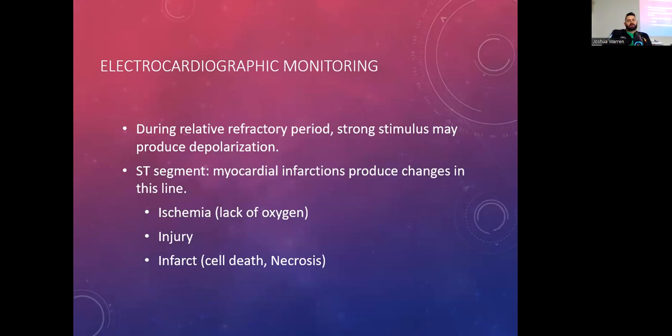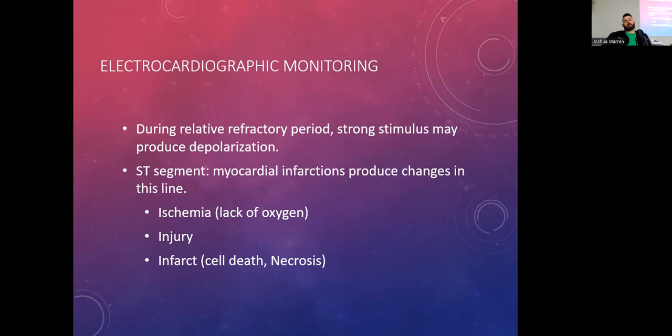So ST segment, myocardial infarctions are producing changes in that line. In the ST segment, where do I start evaluating the ST segment? The J point. We have layers, donkey, three layers. Ischemia, injury, infarct. Ischemia, not enough oxygen. Injury, the tissue's actually being damaged.